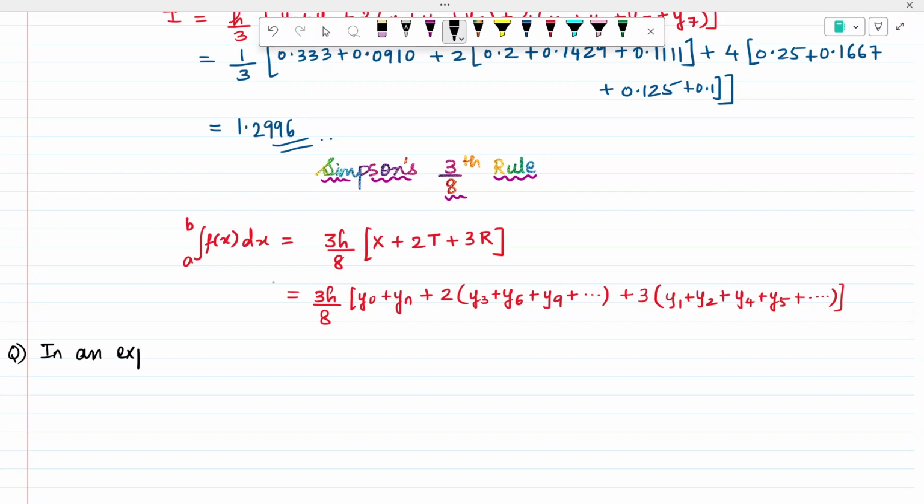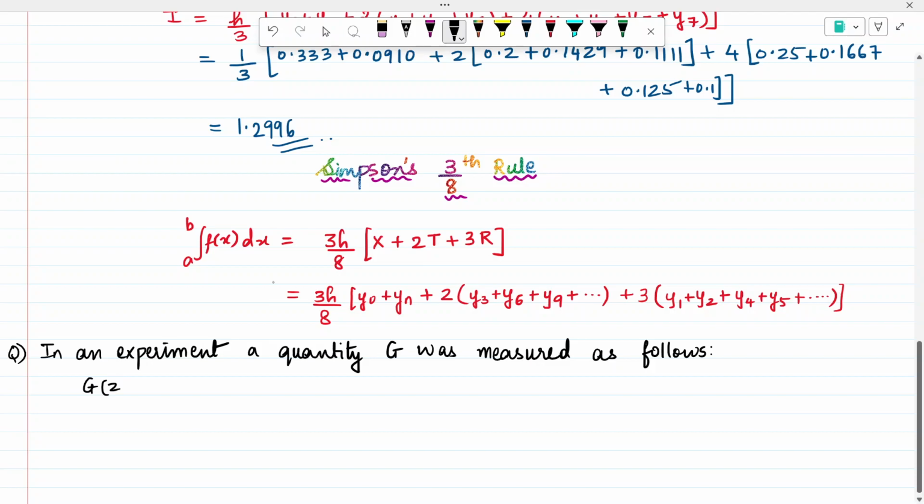In an experiment, quantity G was measured as follows. So the values are given. G at 20 was 95.90. G21 is given as 96.85.